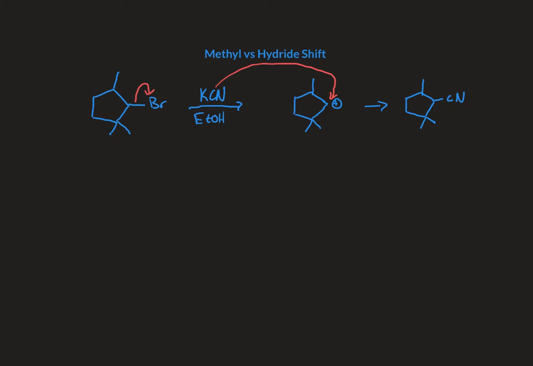But likely a carbocation rearrangement is going to happen. And so this methyl group could shift to form this carbocation, the tertiary carbocation, and then CN minus could attack the tertiary carbocation to form this product.